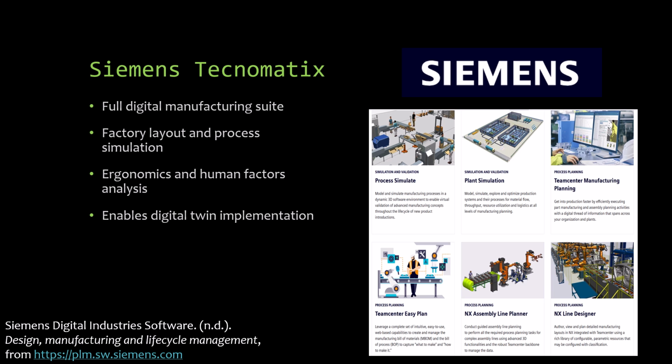The software also emphasizes human-centered design by incorporating virtual humans and ergonomic analysis into its simulations. It creates a very immersive environment for its manufacturing processes, unlike the other software, enabling efficient execution of part and assembly planning activities.